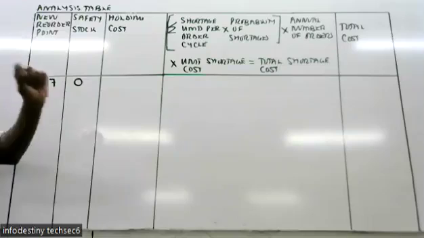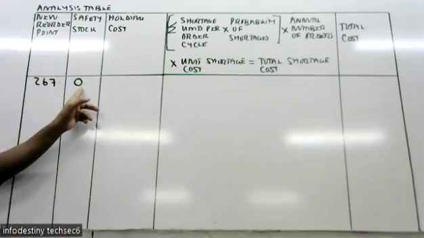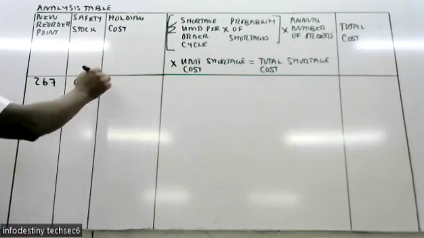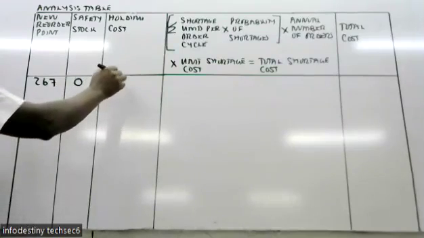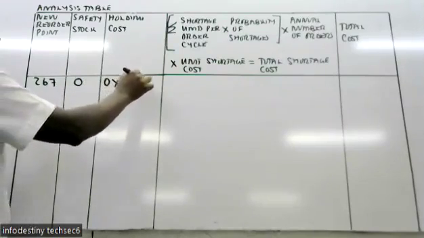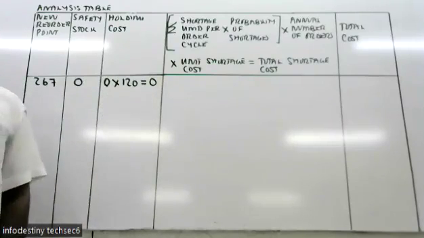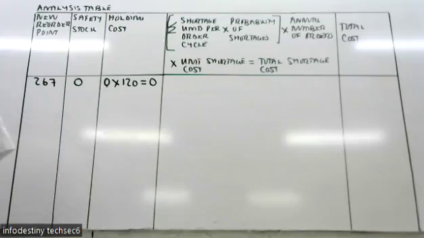If the current is the new, then safety stock must be 0. So if it is 0, the holding cost will be 0 times 120, and the answer is 0.